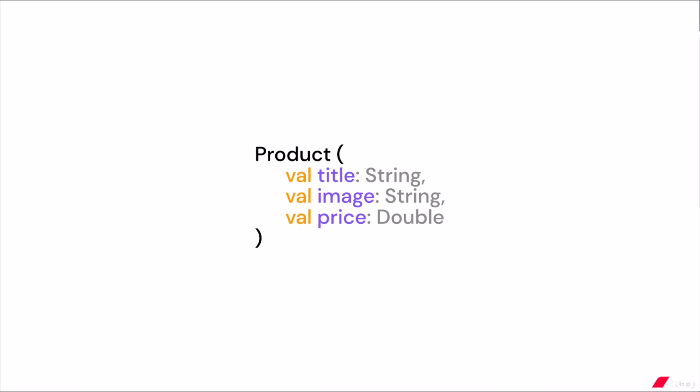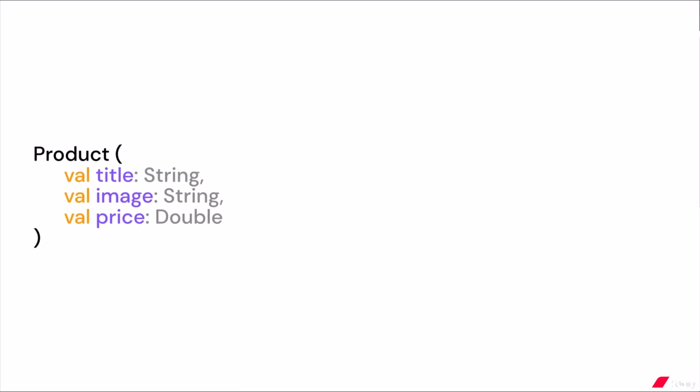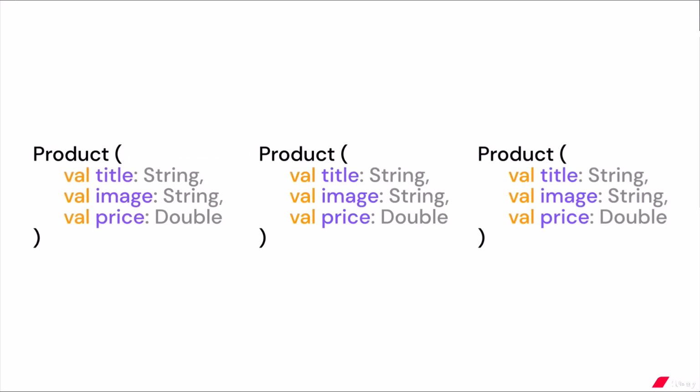For example, let's say that you have a product class that is used for serialization and deserialization. And you need to use it in multiple different projects that target different platforms. Without Kotlin Multiplatform, you would have to define that class multiple times, even though its implementation will be the same everywhere.